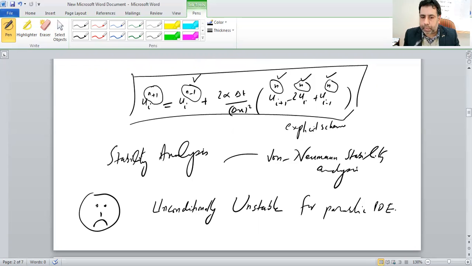So please keep in mind, if a scheme is a failure for one kind of problem, it does not mean that it will be a failure for all kinds of problems. Maybe it would work for hyperbolic problems. So a scheme is related with the underlying partial differential equation. So this stability requirement is for this parabolic partial differential equation.